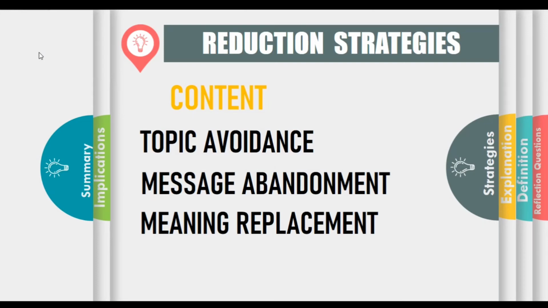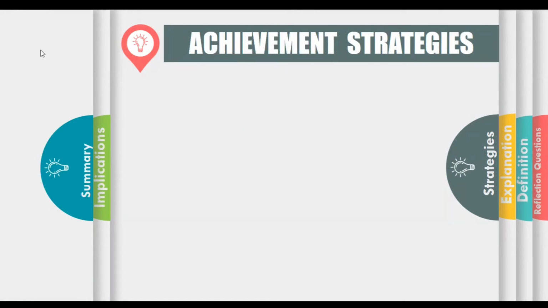However, we want our students to widen their resources, to take risks, to actively expand their competence. So we shall probably be more interested in achievement or expansion strategies. Here are some examples of achievement strategies. One of the simplest things one can do when faced with a problem in a foreign language is, of course, to borrow words from the L1.